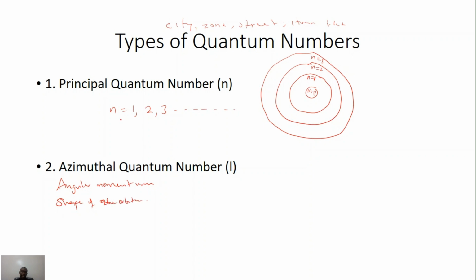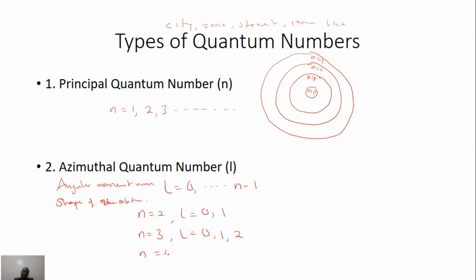It has a value between 0 and n minus 1, meaning that when an electron has an energy level of 2, if n equals 2, l will be equal to 0 and 1. If the energy level is 3, l will be equal to 0, 1, and 2.